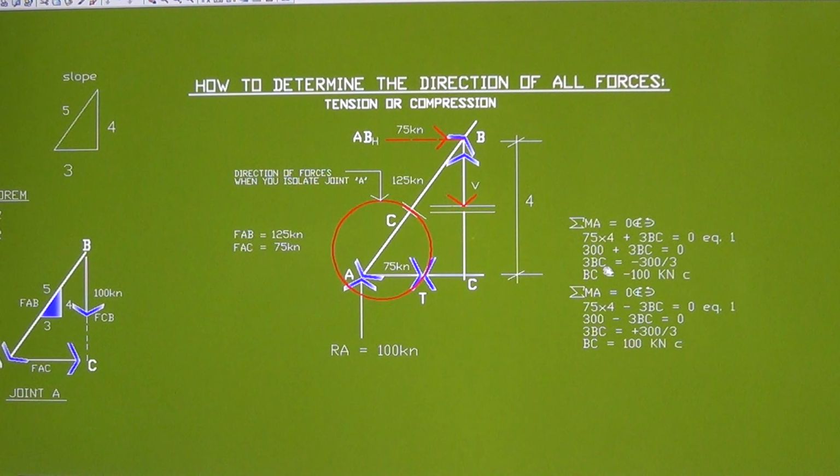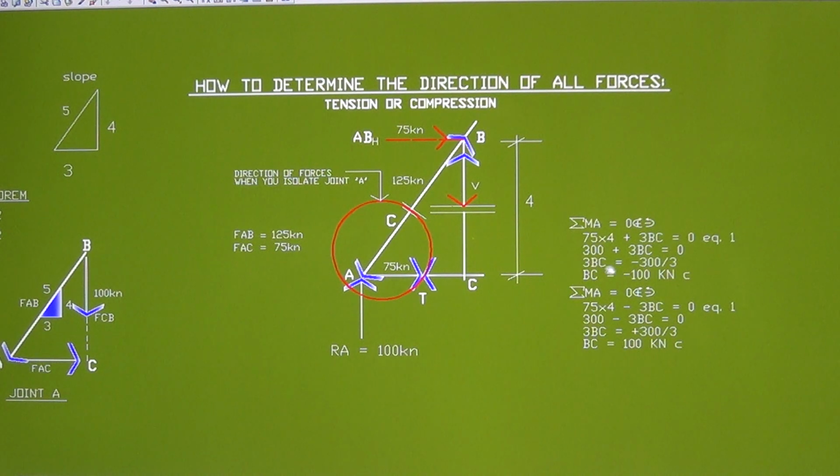To solve for 3 BC, there are two terms in the equation here, the 300 and the 3 BC. You have to transpose any one of them. I would like to transpose the 300 to the other side of the equation. When you transpose a term to the other side, you have to change the sign, so positive becomes negative.